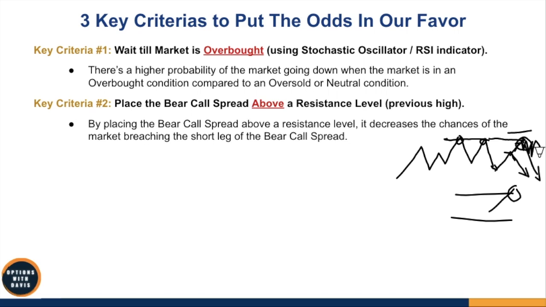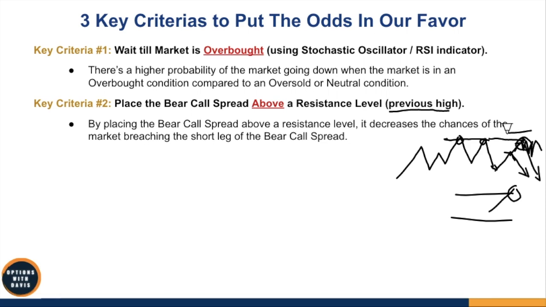So that is why it's very important for us to identify this resistance level. Basically, it can be a previous high, or you can see where price has bounced a couple of times at the level and doesn't go up. By placing the bear call spread above a resistance level, it decreases the chances of the market breaching the short leg of the bear call spread.